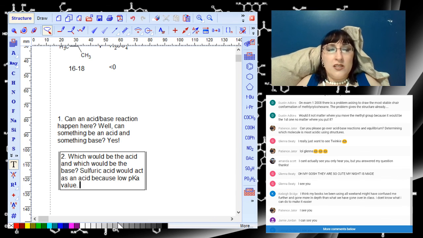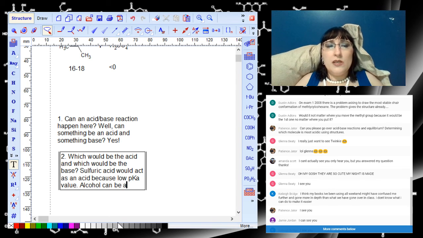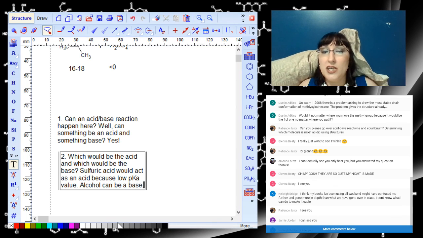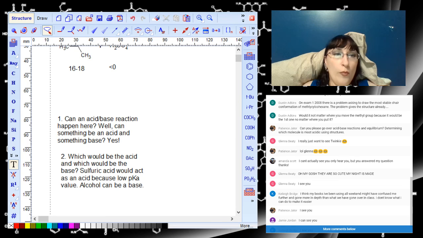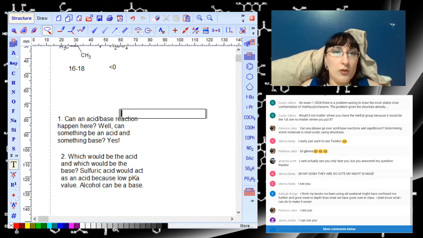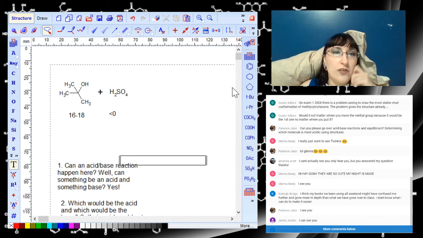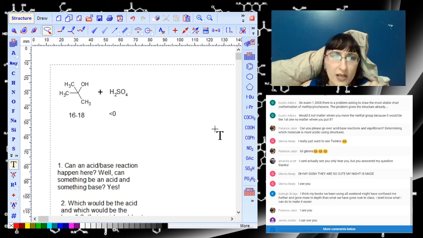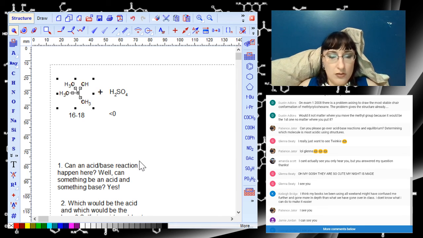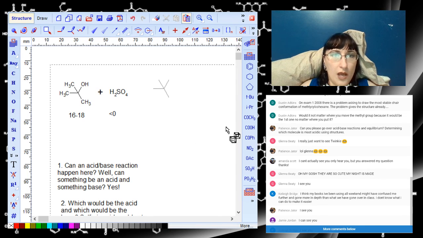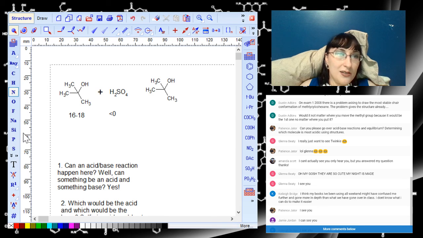And then the alcohol can be a base because it has electrons that can take a proton, okay? And so if I scroll back up, what would it look like structurally if I had a reaction going on between these two molecules? So an acid is a proton donor, right?